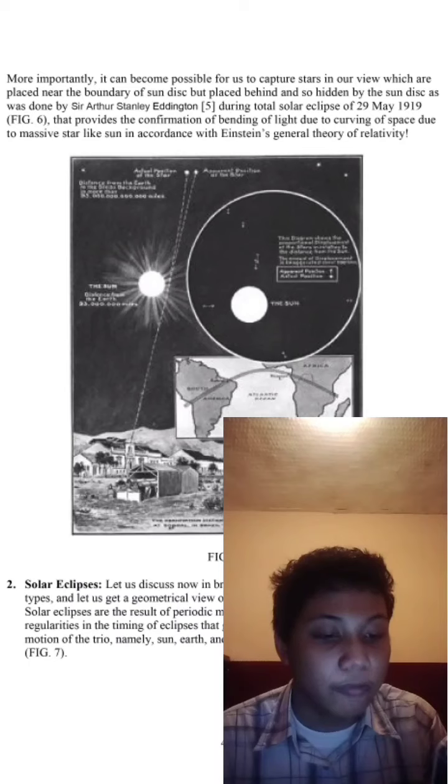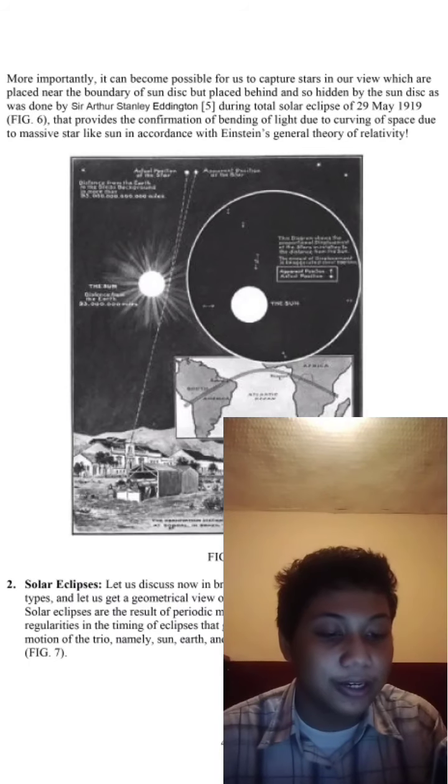For a complete calendar of solar and lunar eclipses, one can refer to 4. More importantly, it becomes possible for us to capture stars in our view which are placed near the boundary of the sun disk but are behind it and so hidden by the sun disk, as was done by Sir Arthur Stanley Eddington. 5.